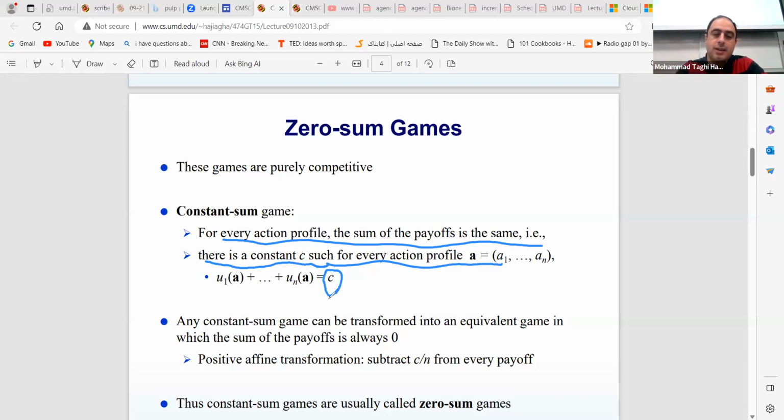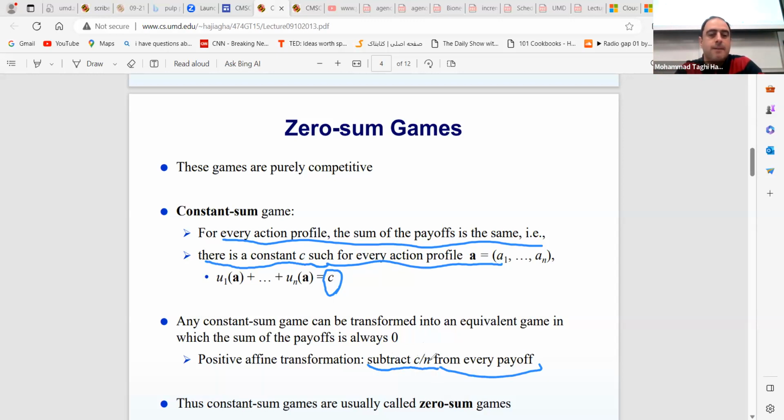So if the sum of the utilities for every action profile is C, we can simply subtract C/n from every payoff. So essentially, we take the coefficient 1 and decrease C/n from everything. Then the sum of all utilities would be just 0. And that's the one that we talk about.